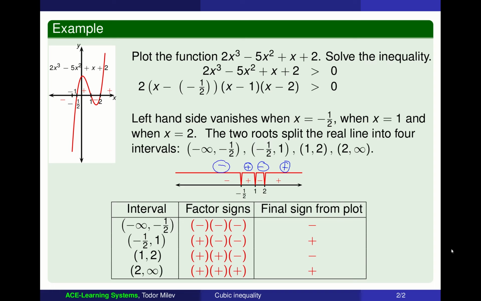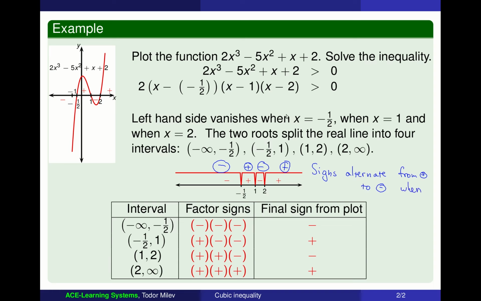This is not a 100% recipe. It may fail. When does this recipe fail? Signs alternate from plus to minus. When does that happen?